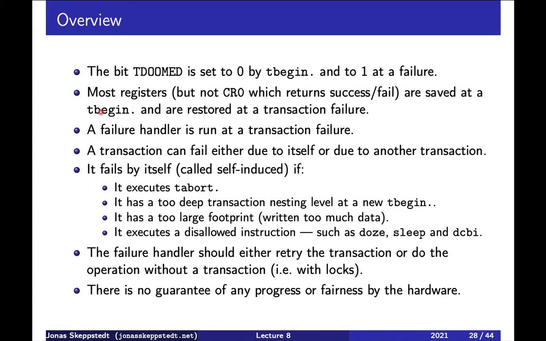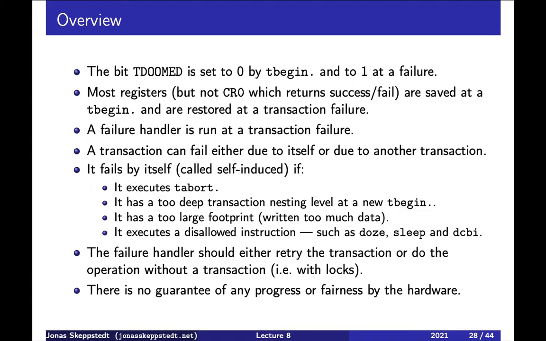I mean, the tBegin should not save the old value. Instead, it will write a value into this one, and the tEnd should not restore the previous value. Instead, it will write the result to CR0.